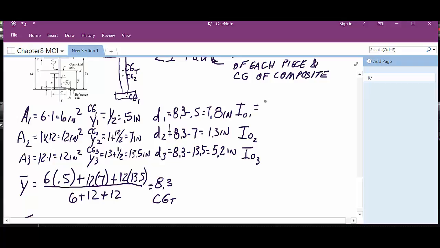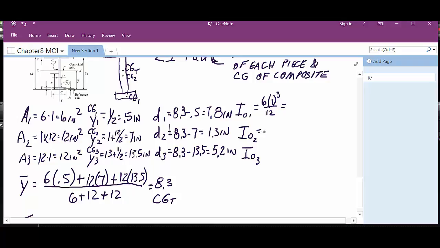What did we decide? That was the base times the height cubed, divided by 12. So the base of the first one is 6, and it's 1 cubed divided by 12. And by the way, you won't have to memorize any of those formulas. You'll have your sheets on the test, so don't panic.